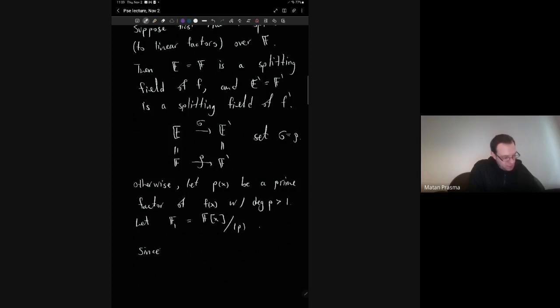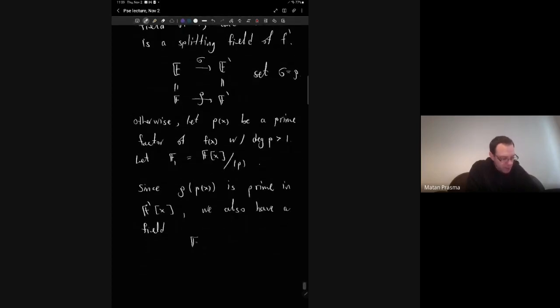Since rho of Px is prime in F prime x, we also have a field which I will denote as F1 prime. This is, you take F prime and you mod out by rho of p, which we know is a prime polynomial.